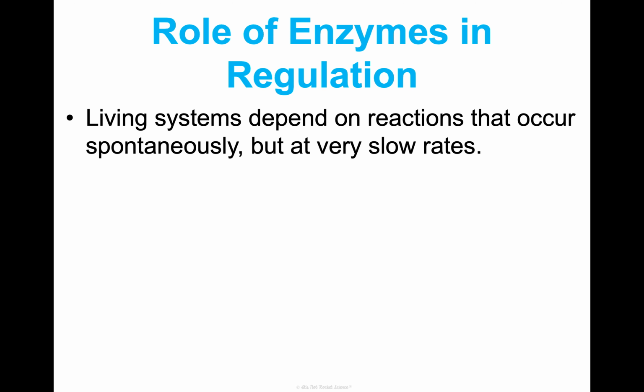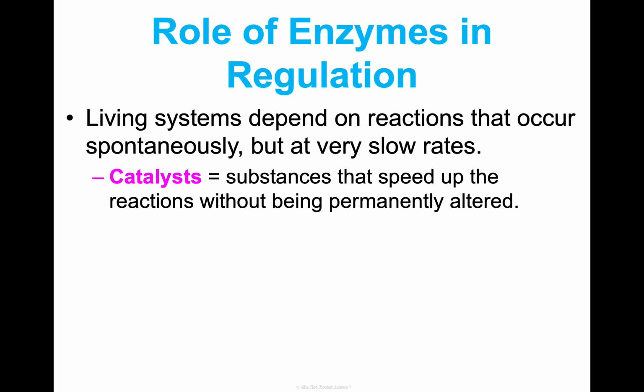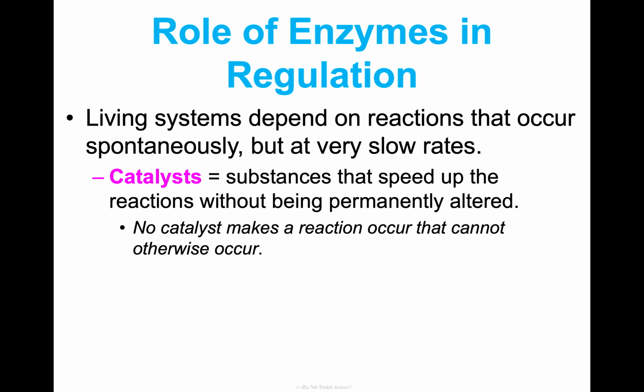Okay, so what's their role again in regulation? Well, living systems depend on these biochemical reactions, and all of these reactions occur spontaneously, just at very slow rates. So we need catalysts to speed up the reactions without actually being a reactant or a product. They're not permanently altered by the reaction, but they play a part in getting it going.